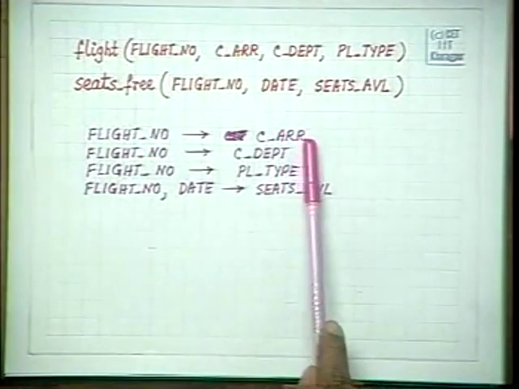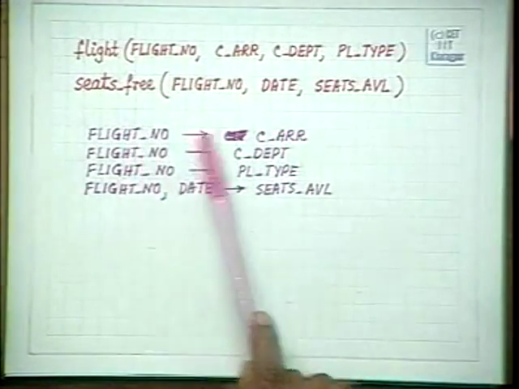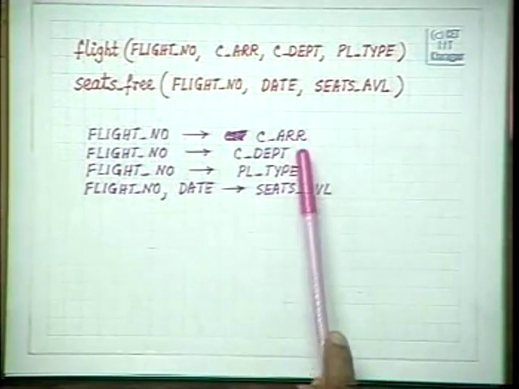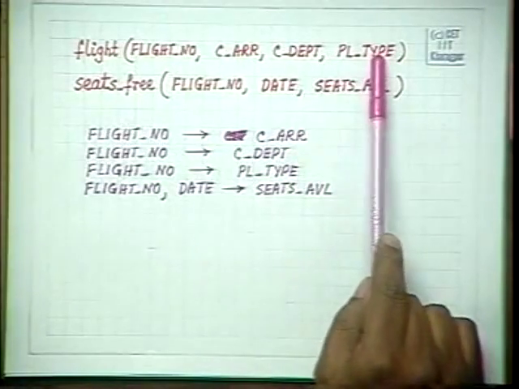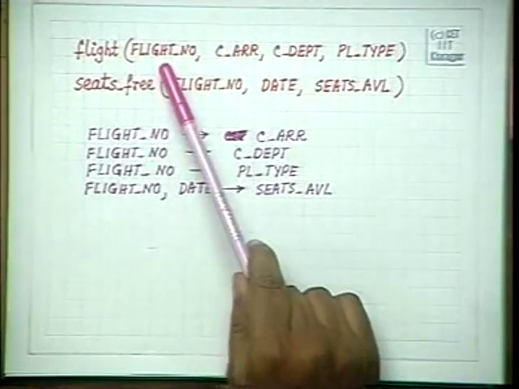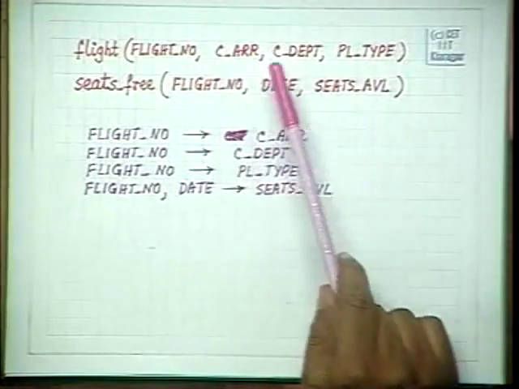Flight number is a key attribute here. So, flight number gives city of arrival, city of departure, as well as type of plane, because it is a key attribute here. All flights which have the same number will have the same type of plane, city of arrival and departure.